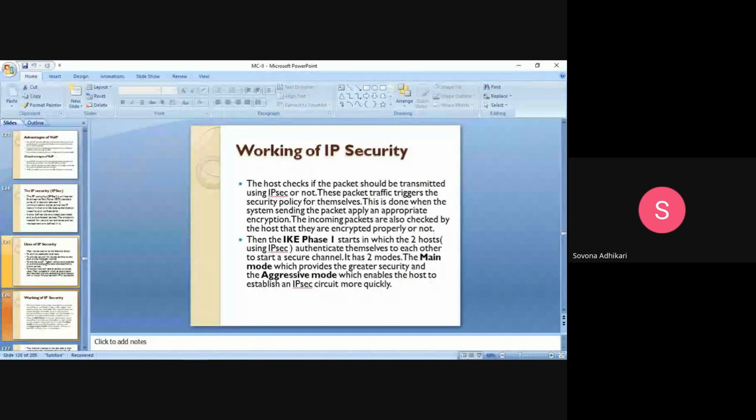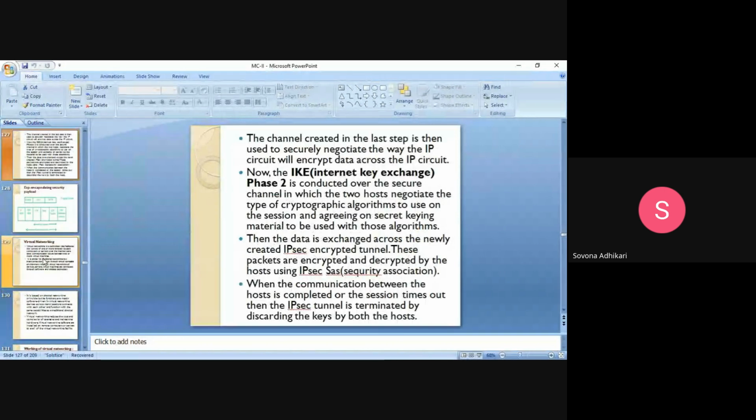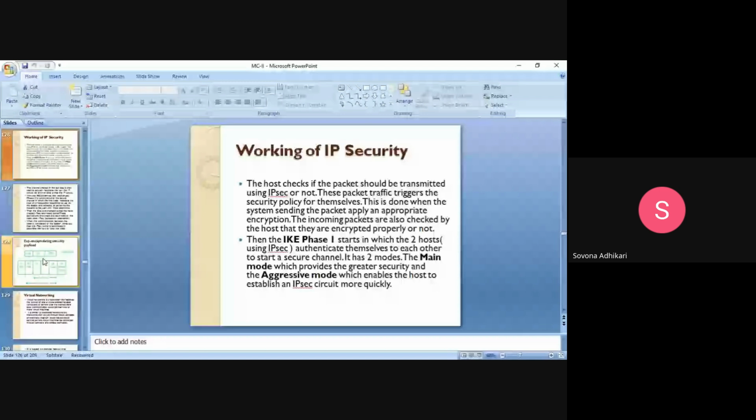Then IKE phase 1, that is Internet Key Exchange, starts with the two hosts using IPsec authenticating themselves to each other to start a secure channel. So there is a key exchange between the source and destination.